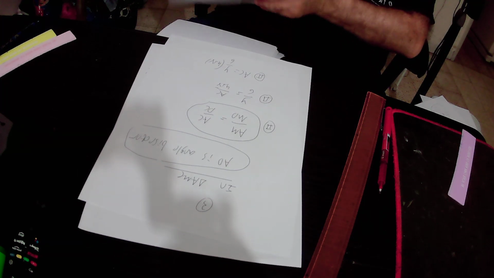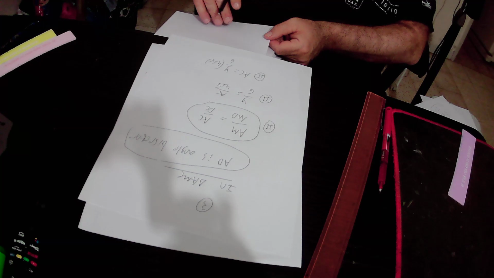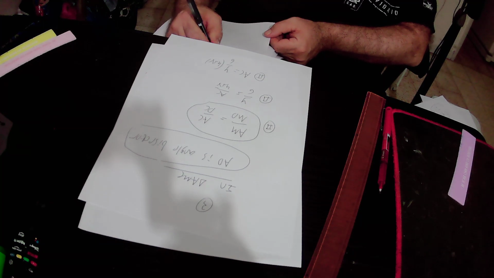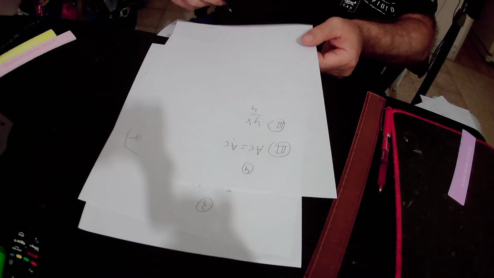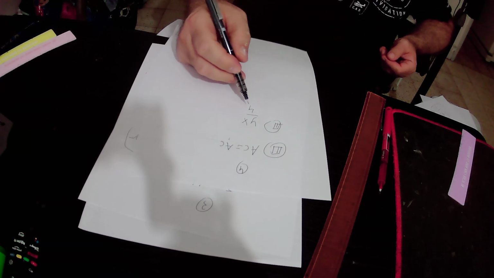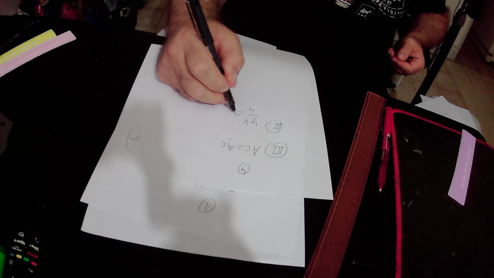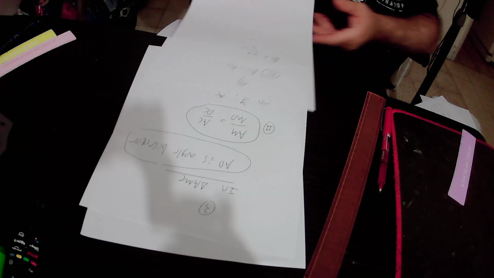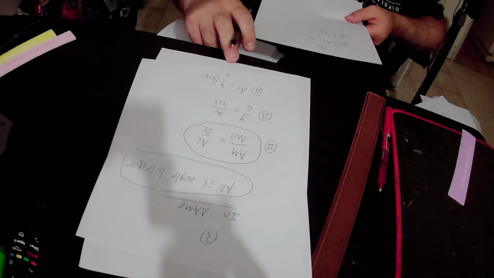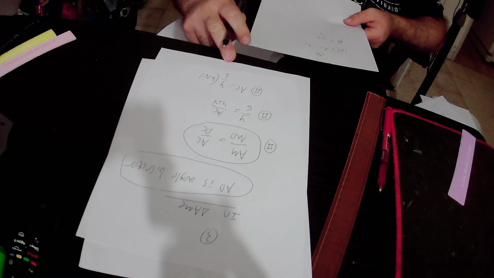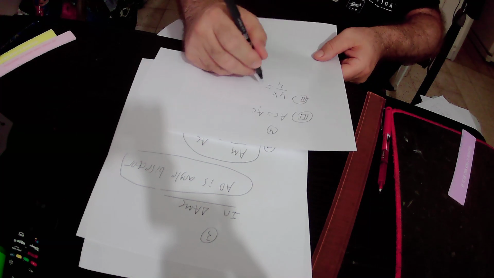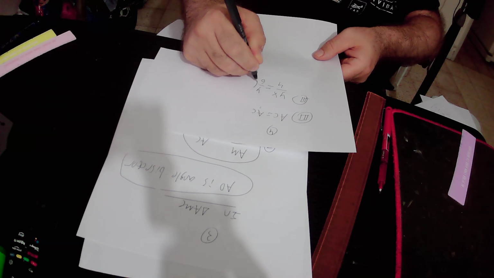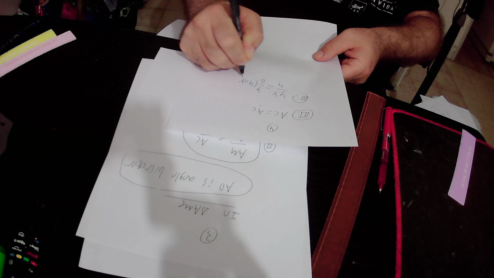AC according to equation number 1 equals y times x over 4, and AC according to equation number 2 equals y over 6 times 4 plus x.